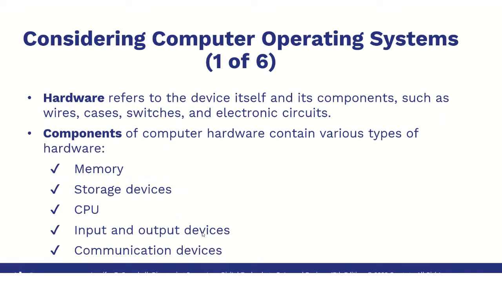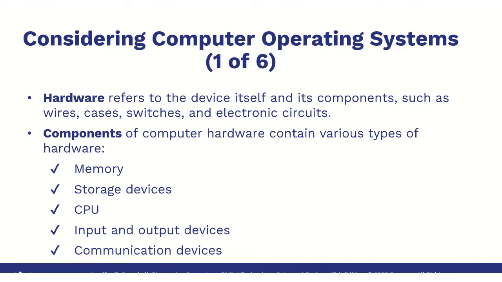So let's go straight to the computer operating systems. What do we consider when we select hardware and an operating system? When we talk about the hardware, it refers to the device, the computer, the device itself, and its components like wires, cases, switches, and electronic circuits.